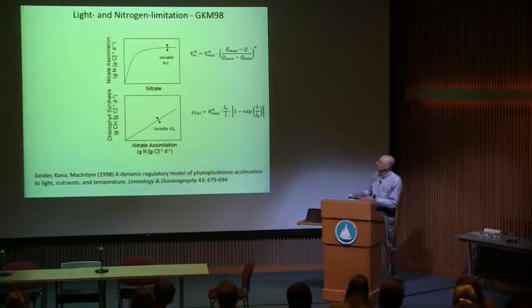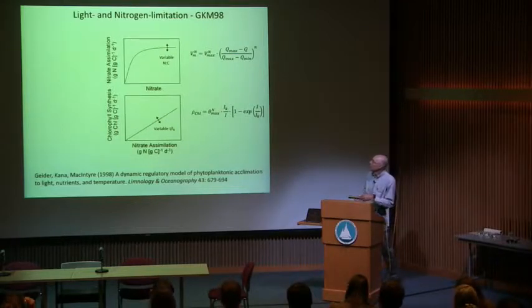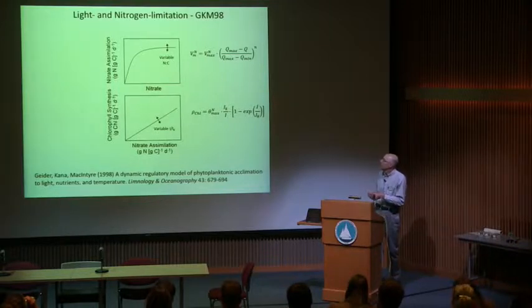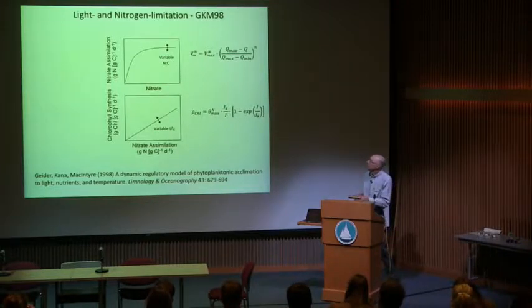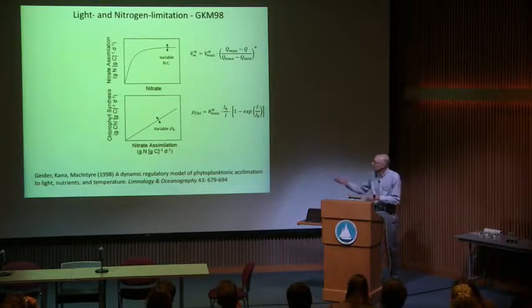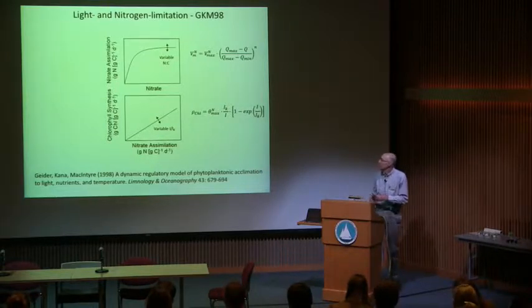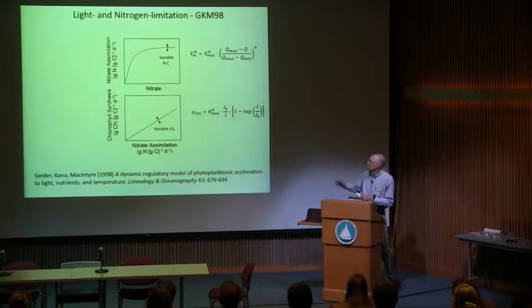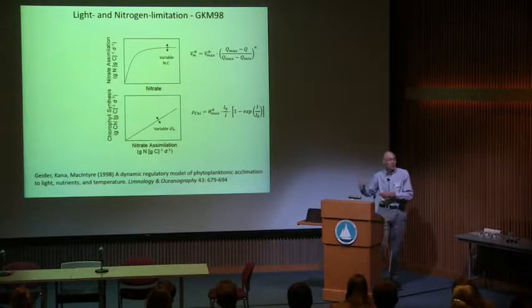Nitrogen assimilation is a saturated function of nitrate in the environment, again, with a variable maximum rate. Now the downregulation occurs as nitrogen increases rather than decreases.